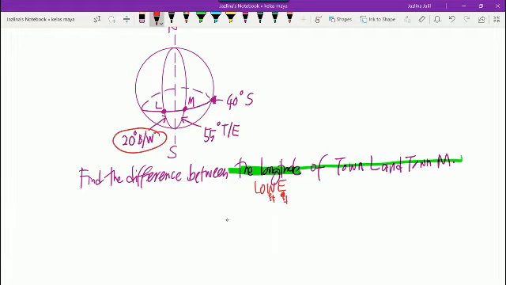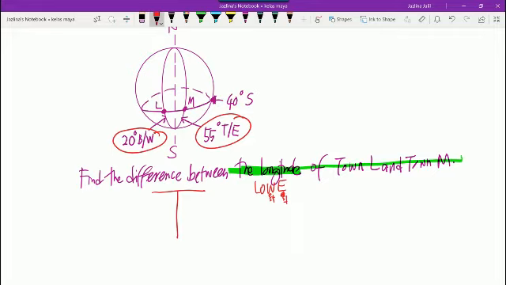It will be these two. This one, 40 degrees south, don't worry about it. You just take care of these two values. Those who need to, sketch it first, because here you will see clearly what you're going to do, whether you're going to plus or minus.